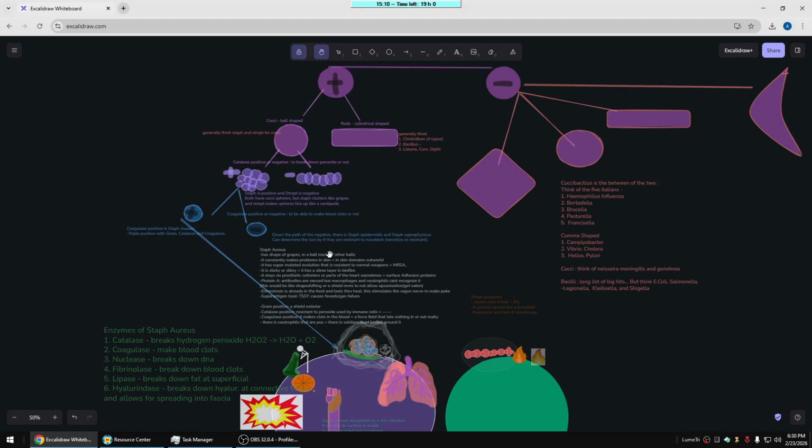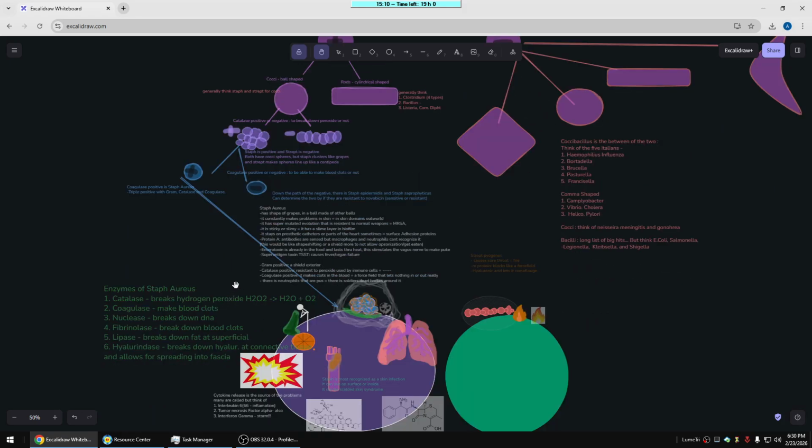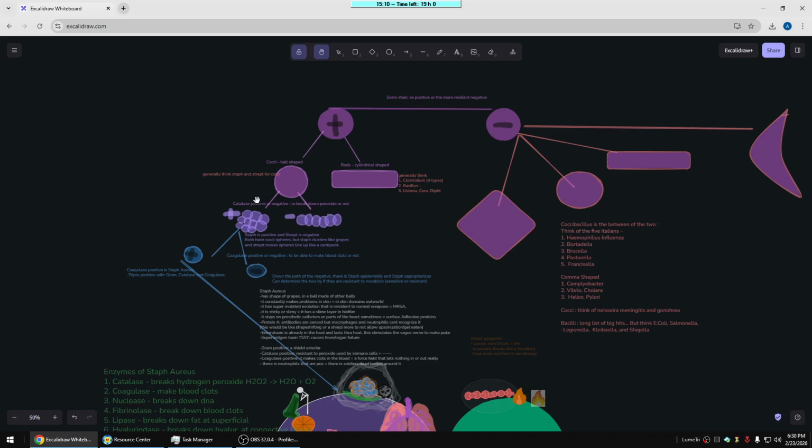So in these three, gram, catalase, coagulase, you can remember with Staph aureus that this is the classification rule generally. So gram, shape, two enzymes, and that's the whole table.